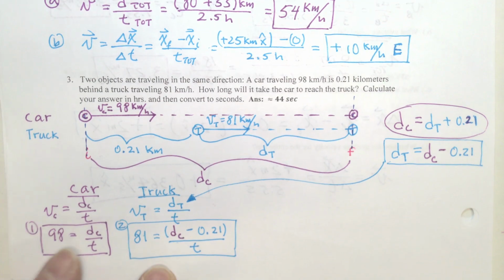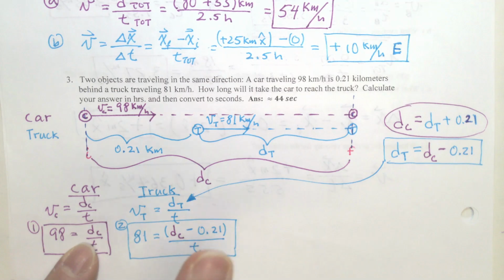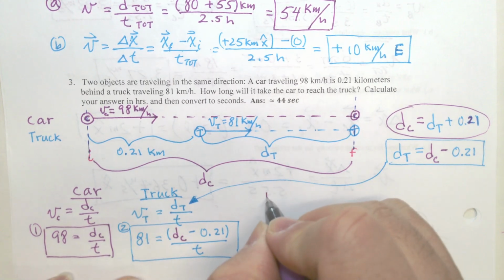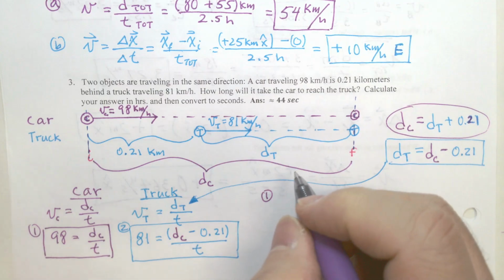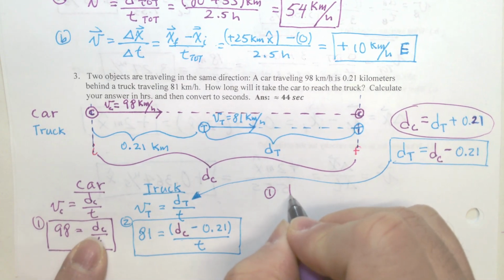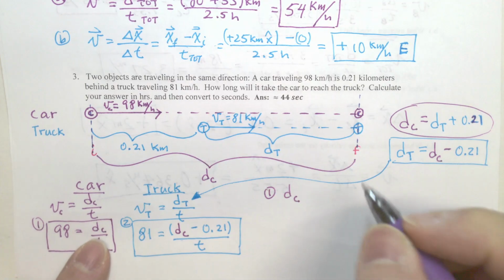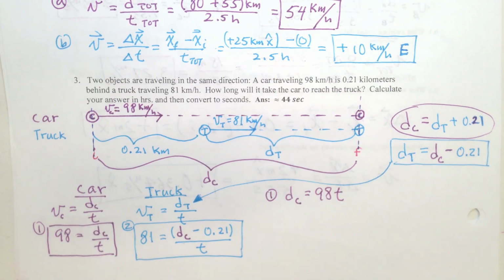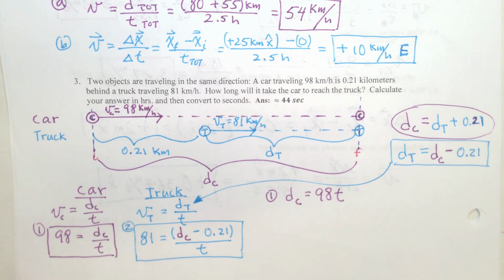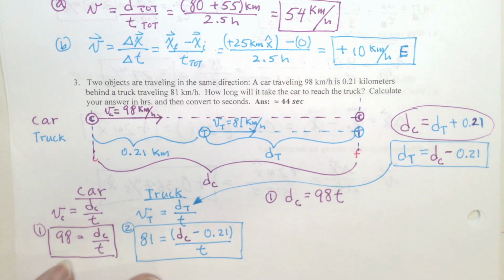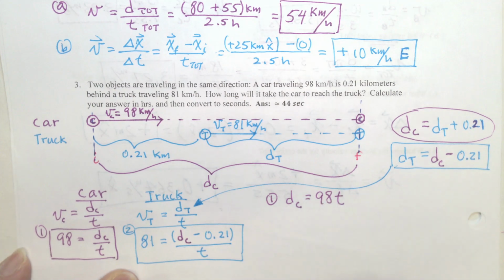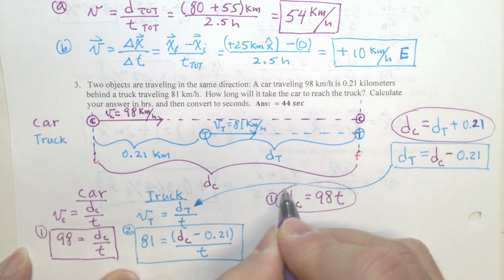So now we can just solve for one of them and then plug it into the other and solve for the other variable that we don't know. So let's take a look at equation 1, which is the car. If we solve for the distance car, that is equal to simply 98 times the time t. Then we can put this into here.